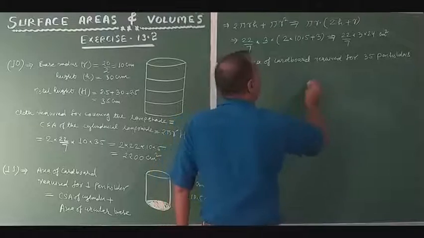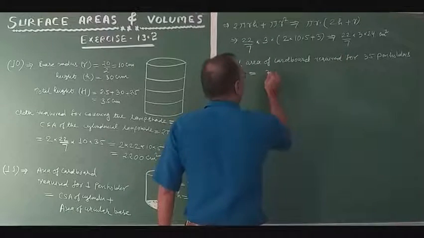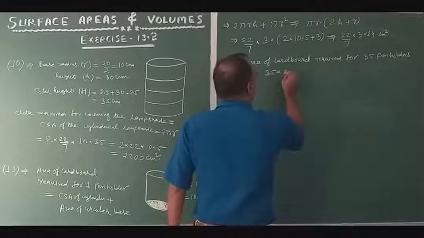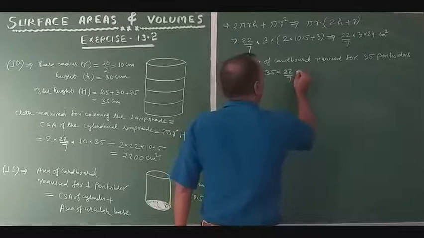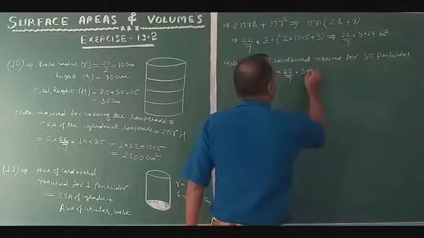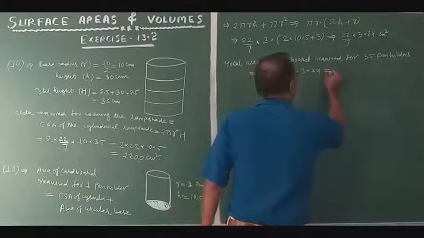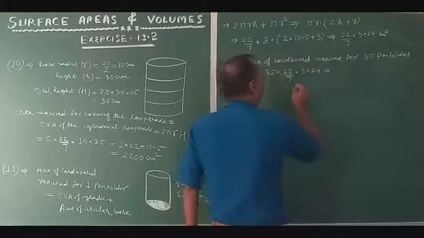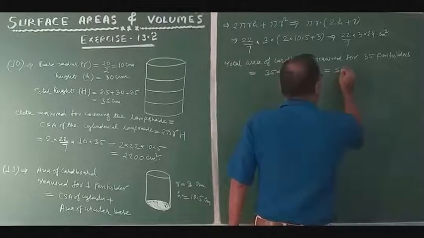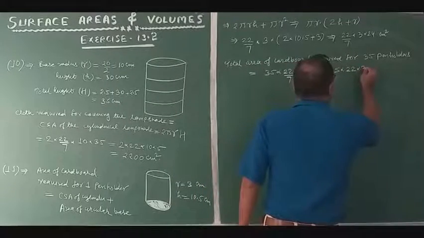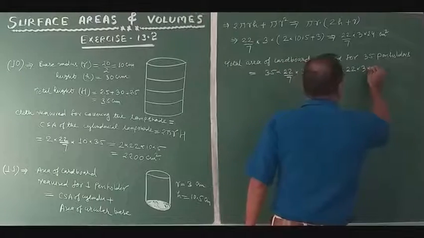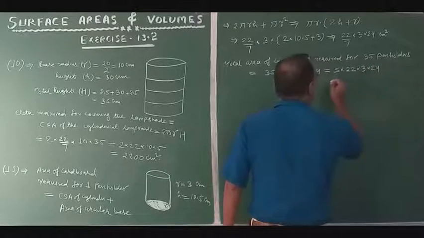For one it is this, so for 35 it will be 35 into 22/7 into 3 into 24. Just look here, 7 5 ja 35, 5 into 22 into 3 into 24. Now just multiply them.